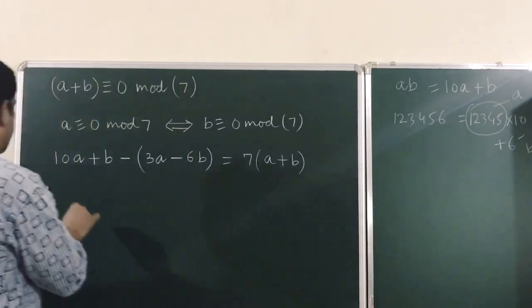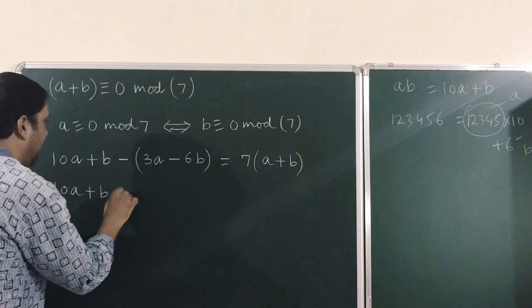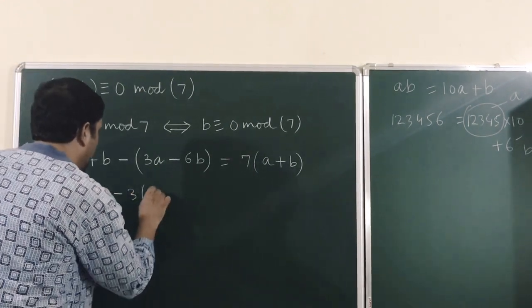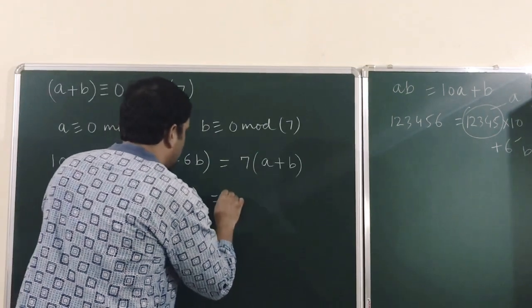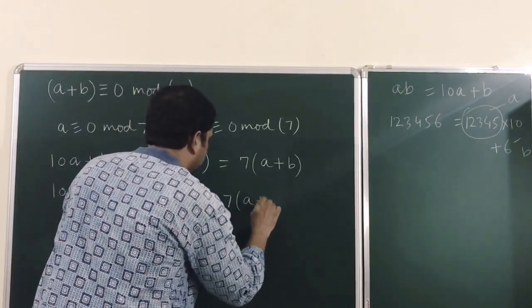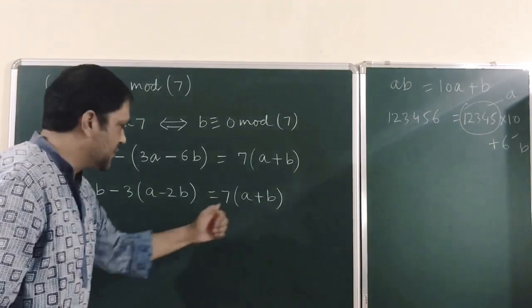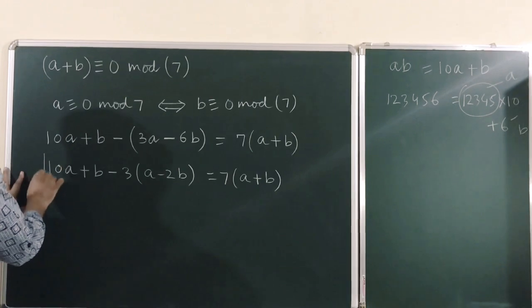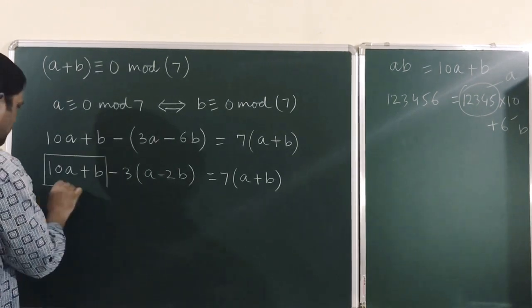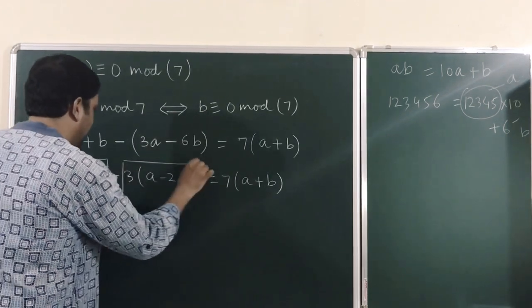And we can write this as 10A plus B, and I take 3 common. We can write A minus 2B, and that equals 7A plus B. So this number is divisible by 7. So in order to make this number divisible by 7, we have to confirm the divisibility of this one.